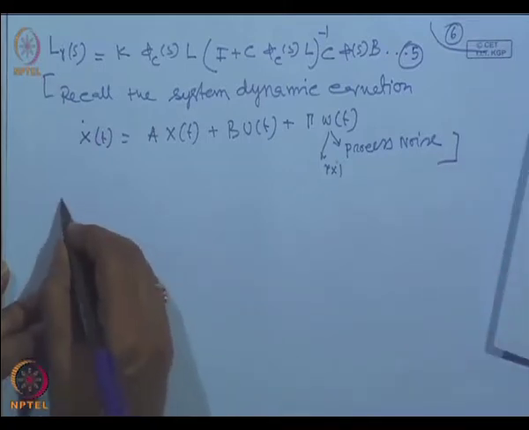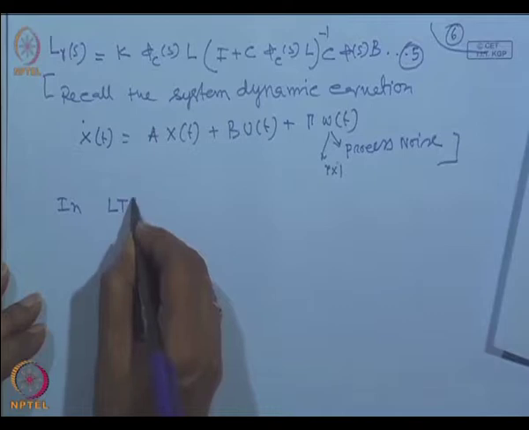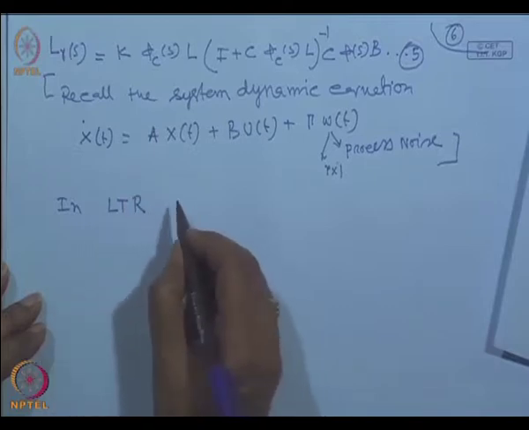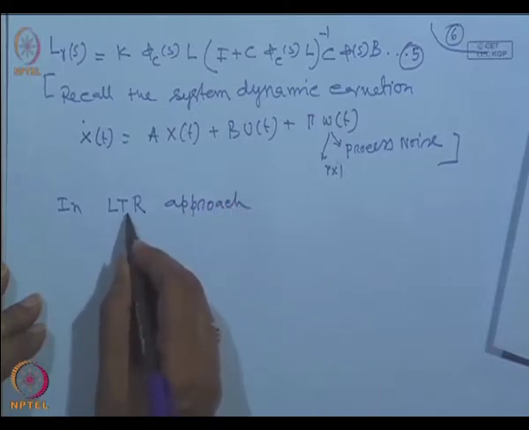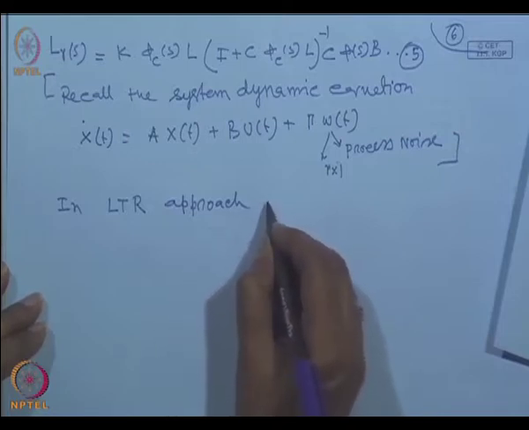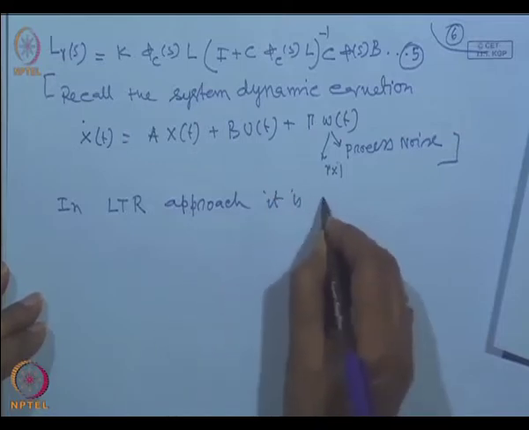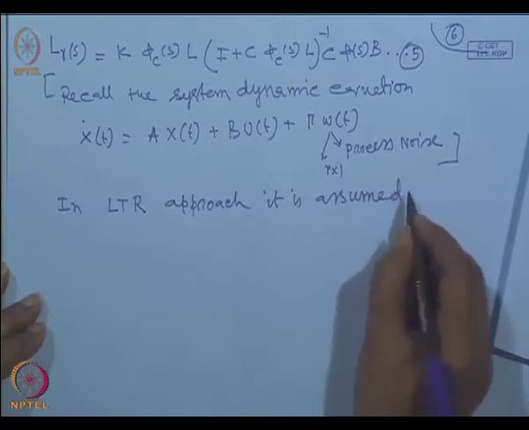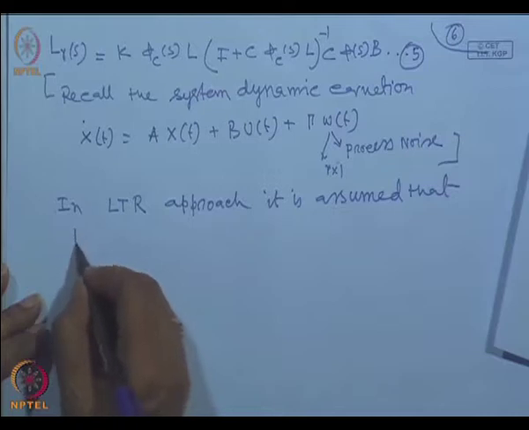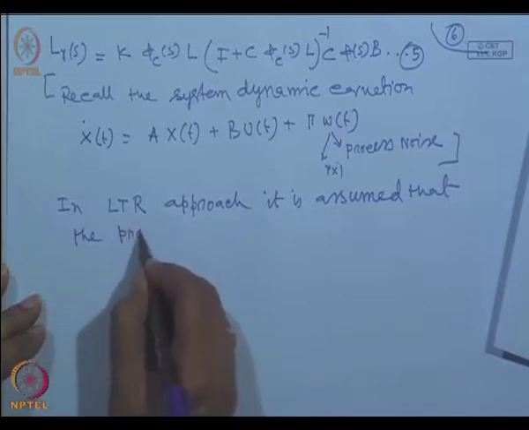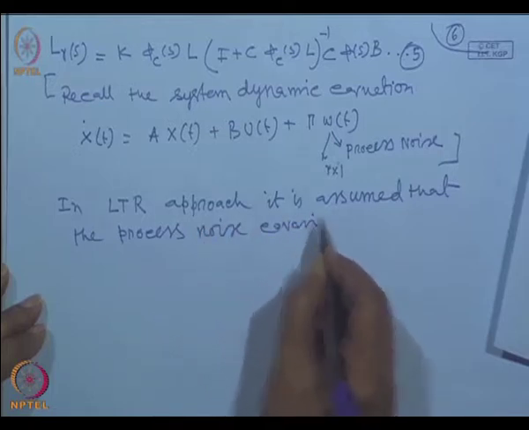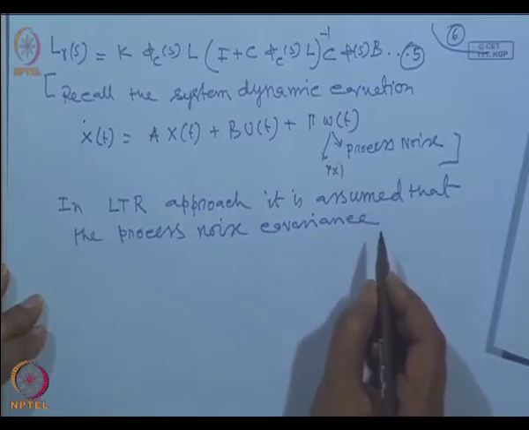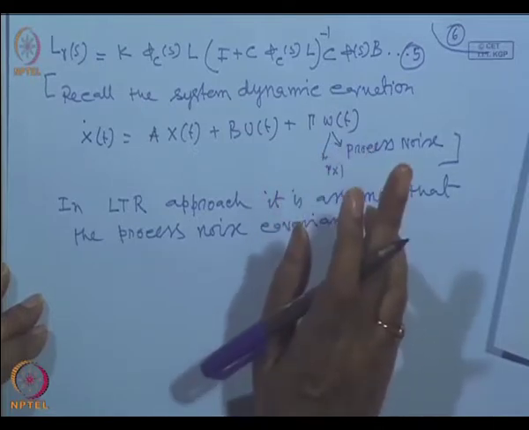So, now in the LTR, loop transfer recovery approach, it is assumed that in the process noise covariance matrix we have considered W in our last lecture.